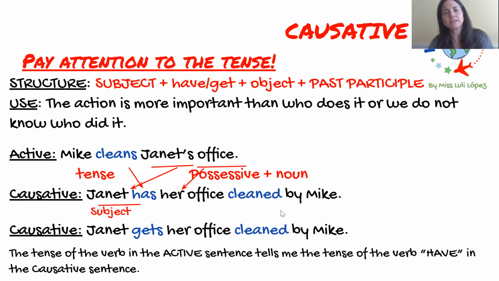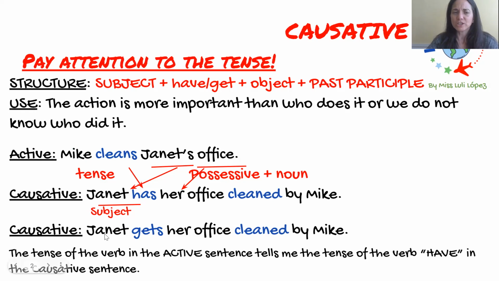And at the end, who did the action? By Mike. In the causative, as it is not so important who did the action, that's why the position is at the end, okay? Because it's more important who is receiving that service or action. Good.